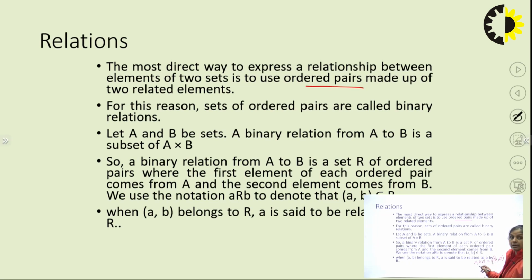A cross B is the set of ordered pairs (a, b), where a belongs to set A and b belongs to set B. So this is our Cartesian product.